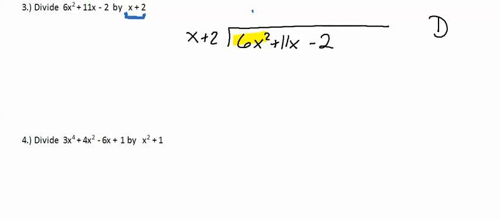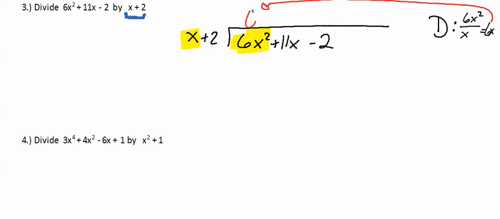I'm going to divide 6x squared by the first term, which is x. So I take the first terms of these, and we get 6x squared divided by x, and what's left over is 6x. Remember what we do with that. We take that and it goes on top, so we get 6x right there. From there, we take that number and multiply it on the side.